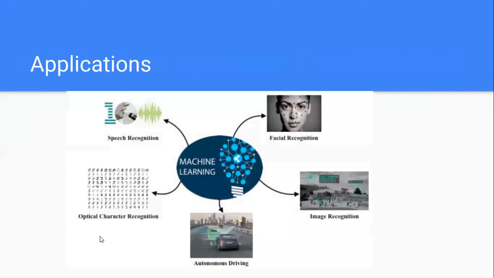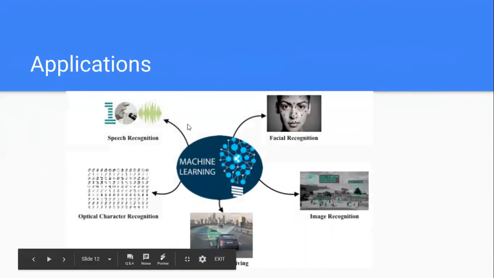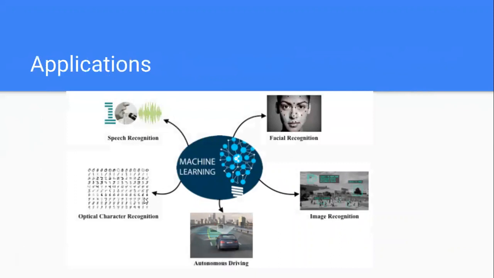Coming to the applications where machine learning is used: speech recognition and facial recognition, image recognition, or optical character recognition. There are many more real-time applications. PayPal uses machine learning algorithms to detect and combat fraud, and more than 80% of the TV shows you see on Netflix are found through its recommendation engine, which is a part of machine learning and data science.